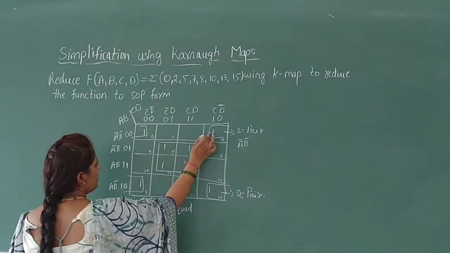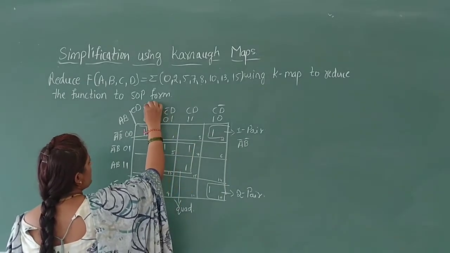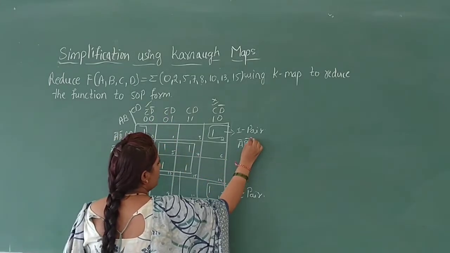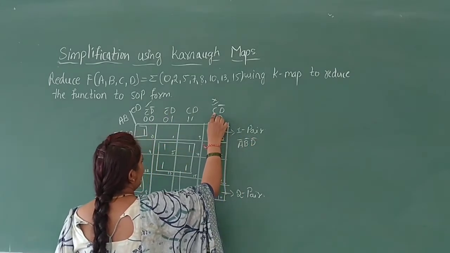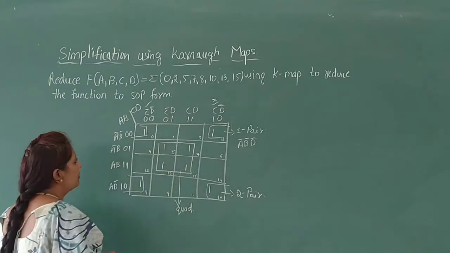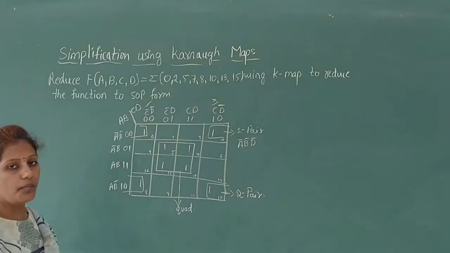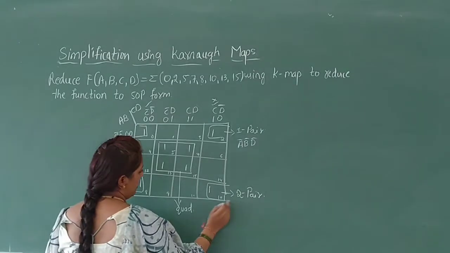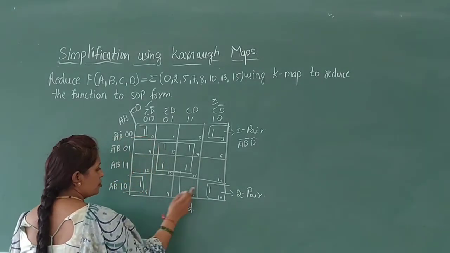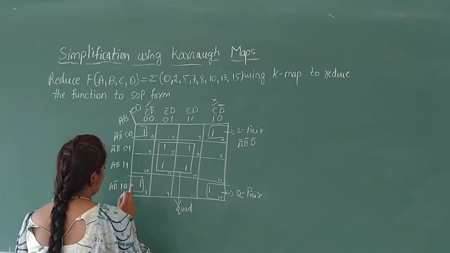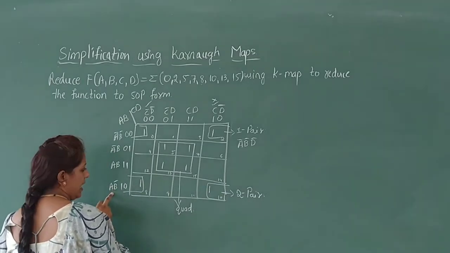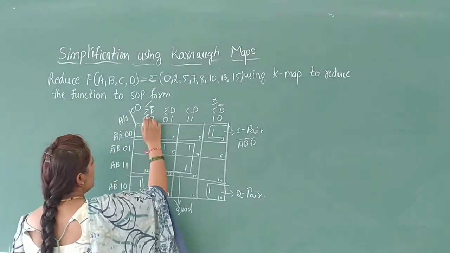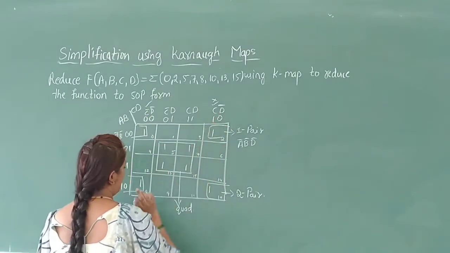And compare these two columns. Here C bar, C is removed, only D bar is taken because the C value changes from complemented to uncomplemented value. And in the second pair, these two edge values are formed in row A B bar, in a single row, but in two columns C bar D bar and C D bar.